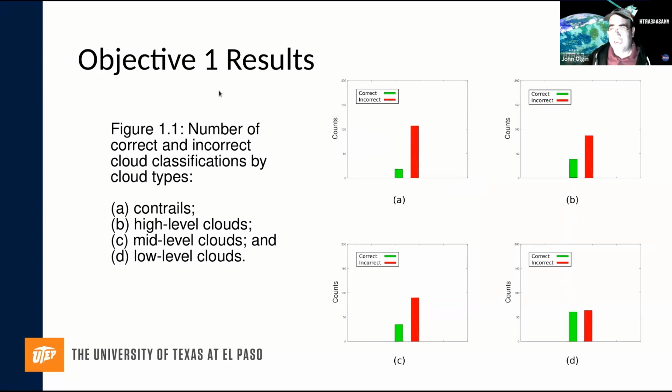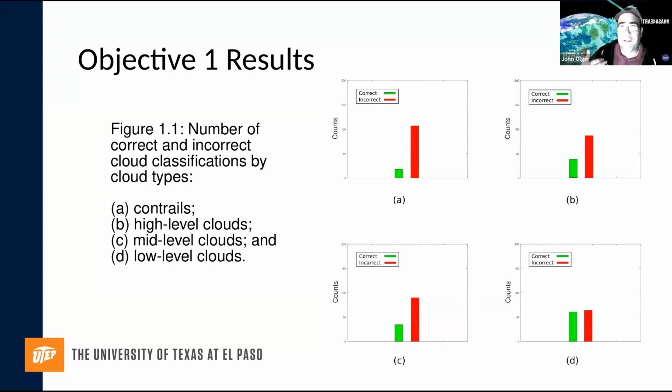if you notice that if you go from A to D, so from A to B, we start to see the red line go down a little bit. And over here in the D part, that graph is almost even. Like it looks less red. So what does that mean? Well, if you take a look at chart A, I broke these down into the 4 different types of cloud types that you would be able to classify, whether it be contrails, high level clouds, mid level clouds, or low level clouds.